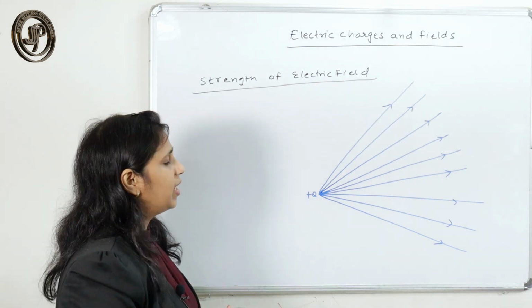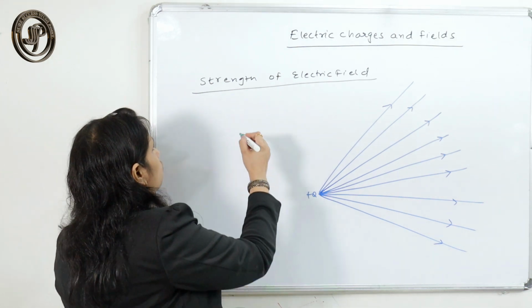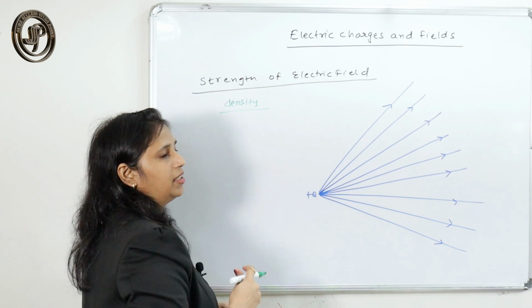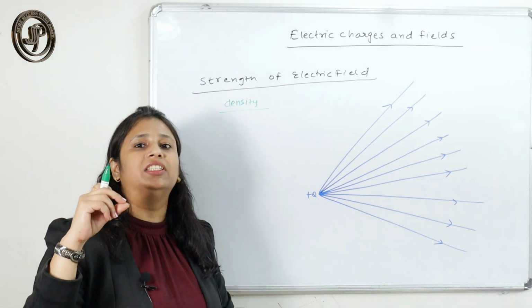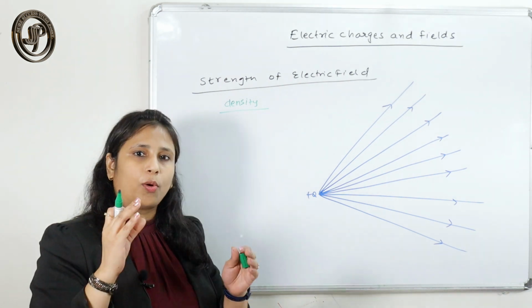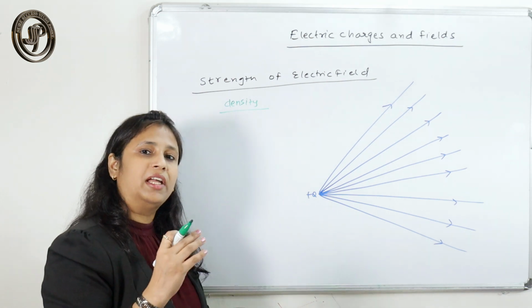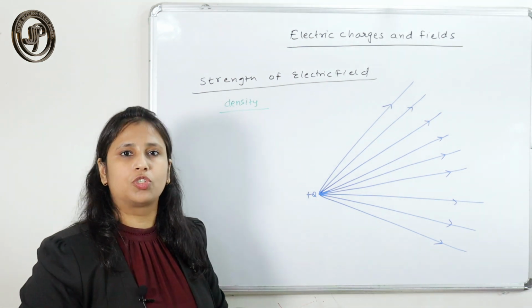You can calculate the strength of the electric field by finding the density of electric field lines. If the electric field lines are denser in a particular region, or closer to each other, then the strength of the electric field in that region would be stronger.